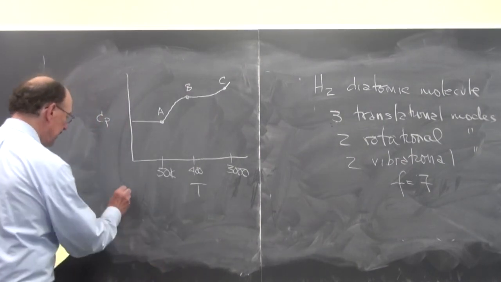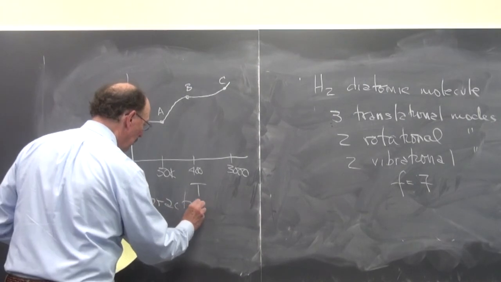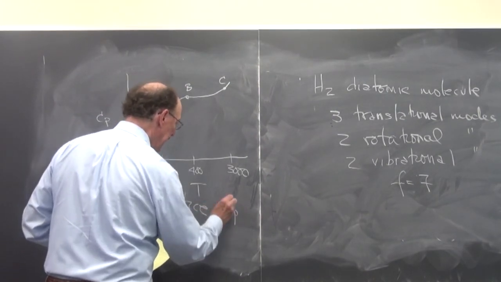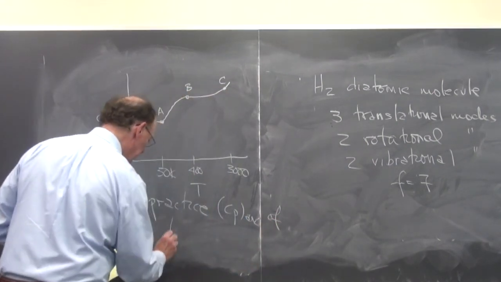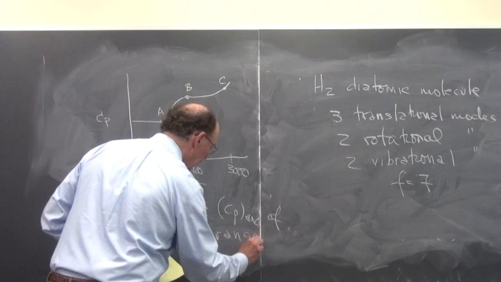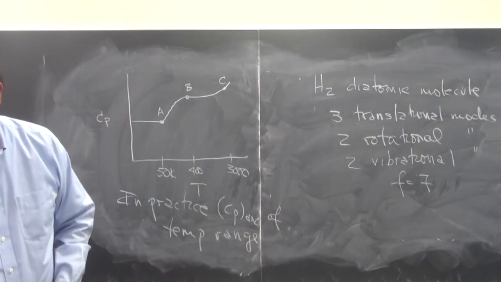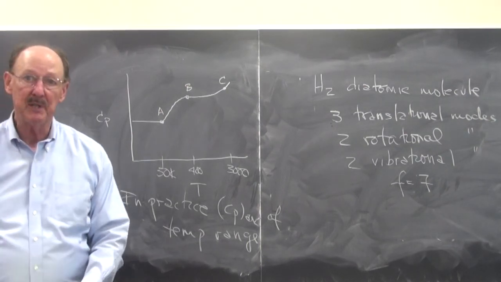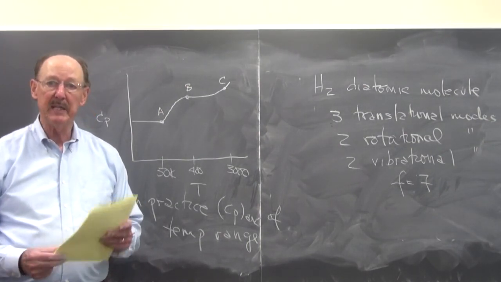So in practice, we pick, let's say, C sub P average over the temperature range. And what that does is assume a linear variation of C sub P within that temperature range. And now what I'd like to do is start looking at some problems.